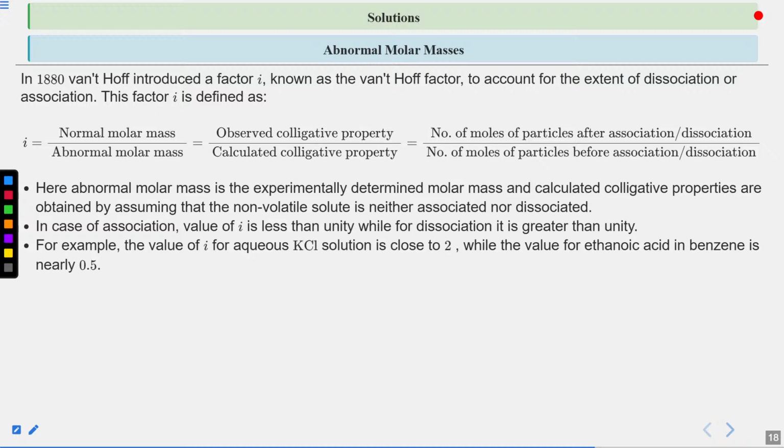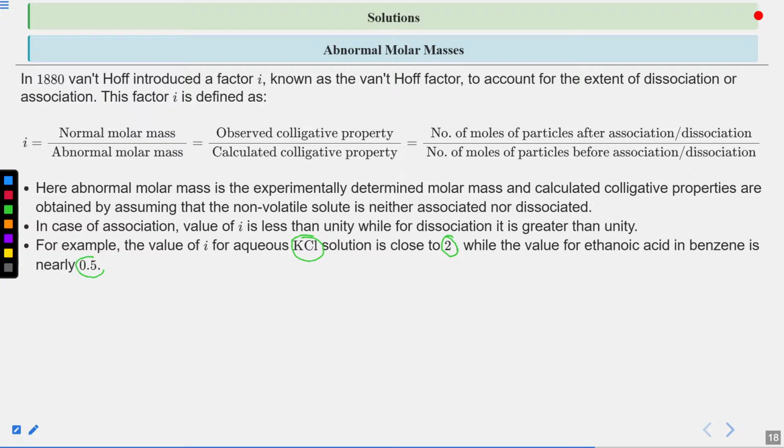For example, in the case of KCl, which dissociates into 2 parts, i will have a value very close to 2. Due to some interionic interaction this value may deviate by a small decimal, but it's okay to consider it as 2. Whereas the value of i for ethanoic acid will be nearly 0.5.